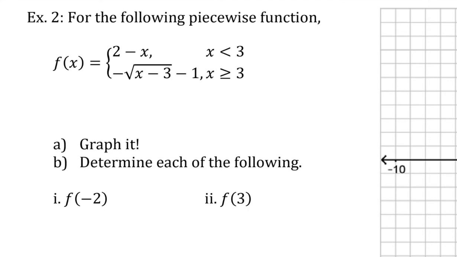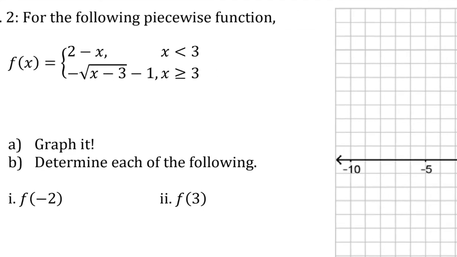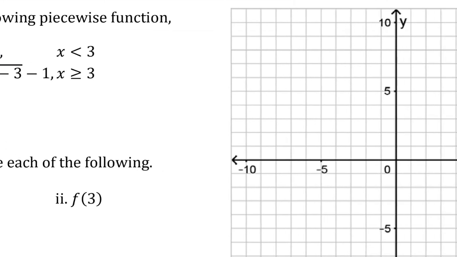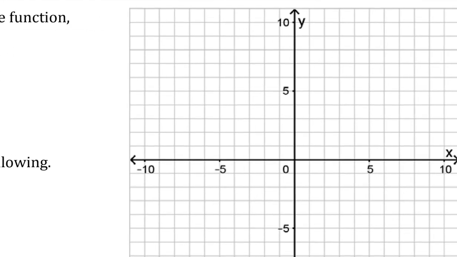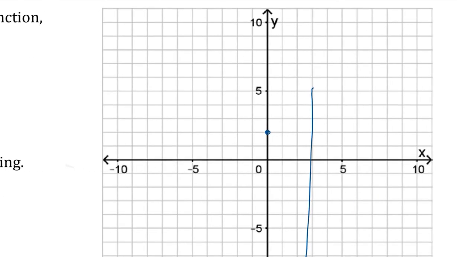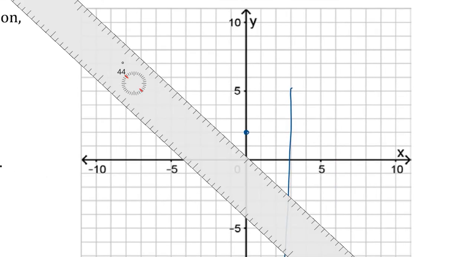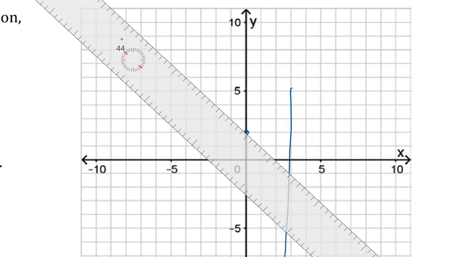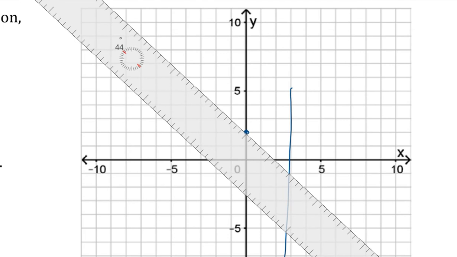We'll graph it first. 2 minus x. So this has a slope of negative 1 and a y-intercept of 2 when x is less than 3. So I can start at 2 because it's going to be less than 3. 3 is here. It's strictly less than, and it's just a slope of 1 again. So this will probably work.